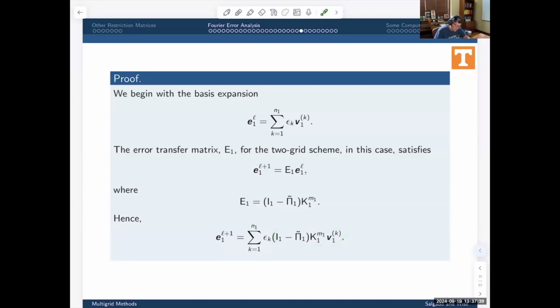Well, in our previous result, we figured out what this one does to modes. And we already know what the error transfer matrix for the smoother does to modes, because we specifically showed that its eigenvectors are the eigenvectors of the stiffness matrix, and we calculated what those eigenvalues are.